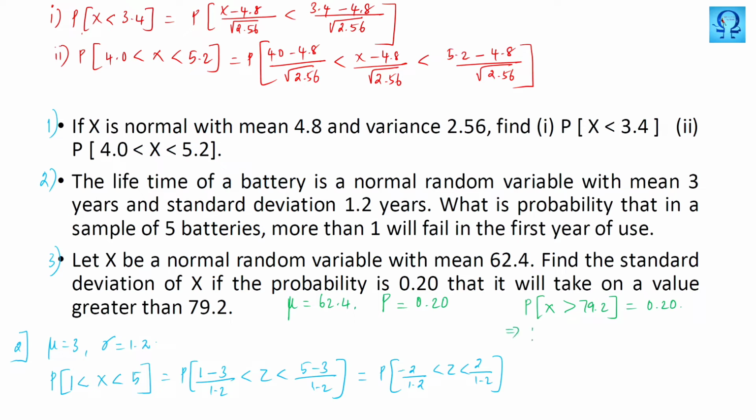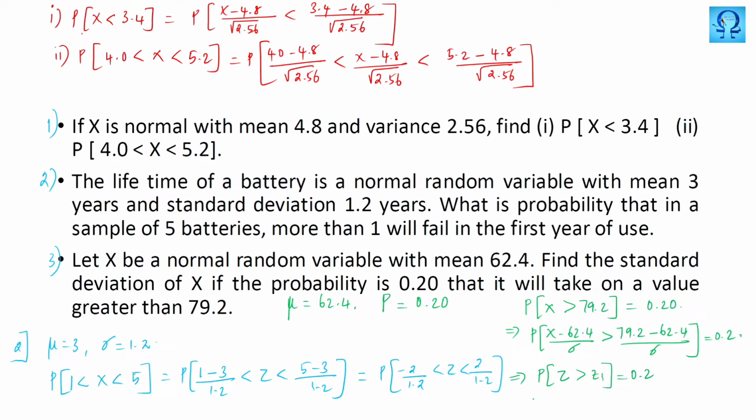This is the same as the probability of (x minus 62.4) divided by sigma, the standard deviation which we need to find, greater than (79.2 minus 62.4) upon sigma, which is equal to 0.2. That is the probability of the standard normal variate z greater than some quantity. For simplicity, let me take it as z1, which is equal to 0.2.